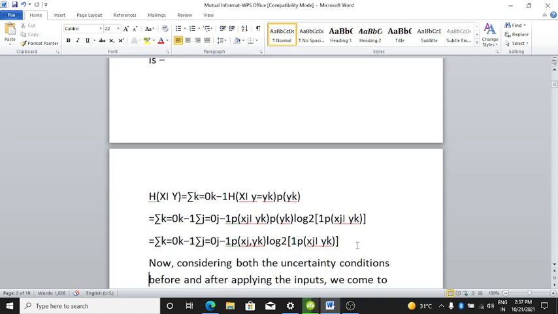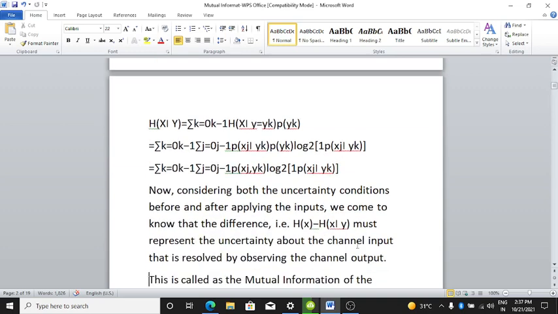Clear? After solving, summation over k, summation over j of p of xj comma yk log base 2 of 1 upon p of xj given yk. Here we write xj and yk in the form of a comma because mutual information has a symmetrical property.